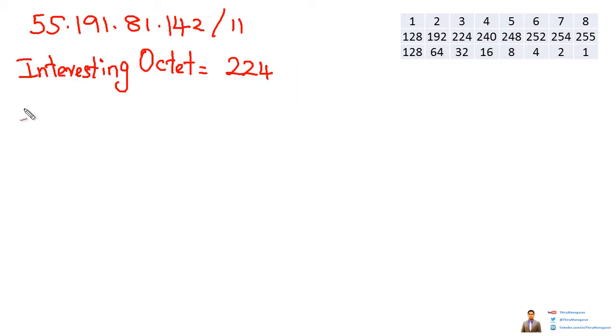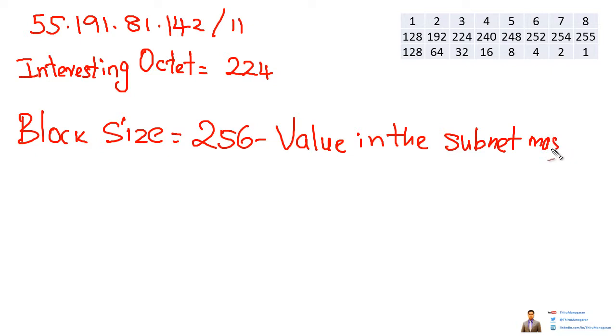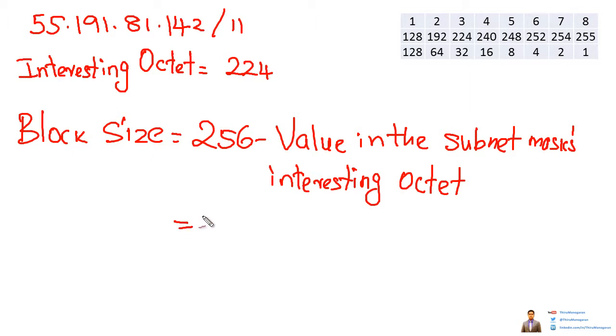Now we're going to find the block size. Block size is equal to 256 minus the value in the subnet mask's interesting octet.